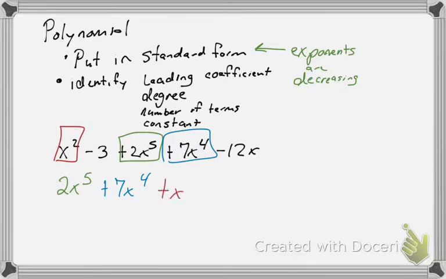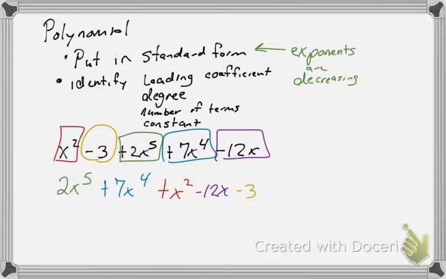So I'm going to put my positive x squared next. After my positive x squared, I'm going to look for just a regular old x, so minus 12x. And then we have minus 3 as the constant of this equation. Okay, there's standard form. We just put it in order from biggest exponent to no exponent, or no x at all.